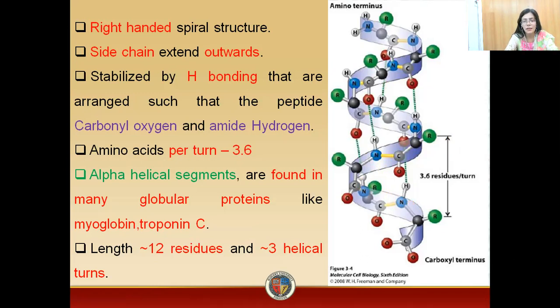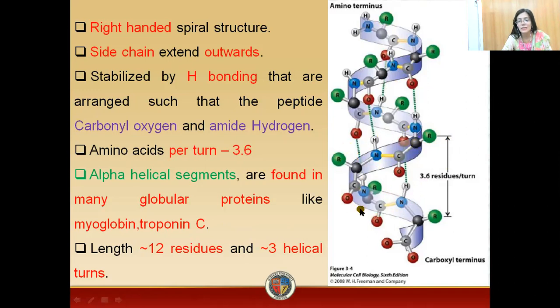Alpha helical segments are found in many globular proteins like myoglobin and troponin C. What is the total length of this helix? The length is approximately 12 residues, or 12 amino acids, and 3 helical turns. This represents one turn.